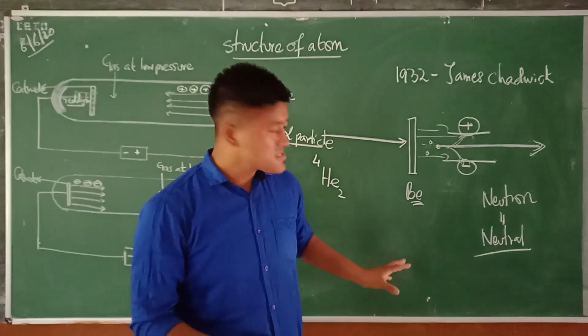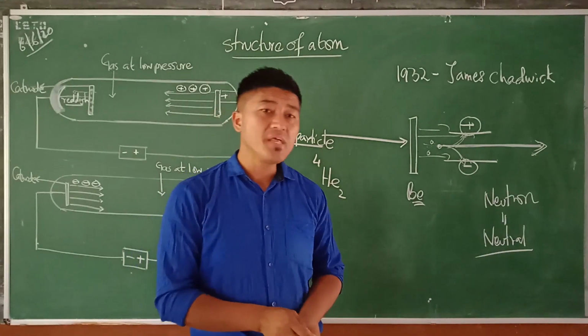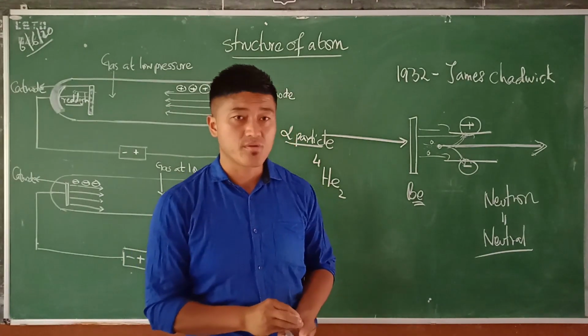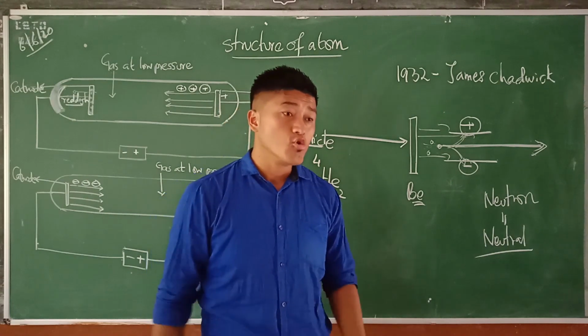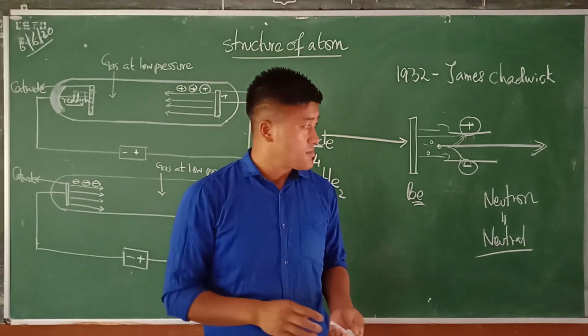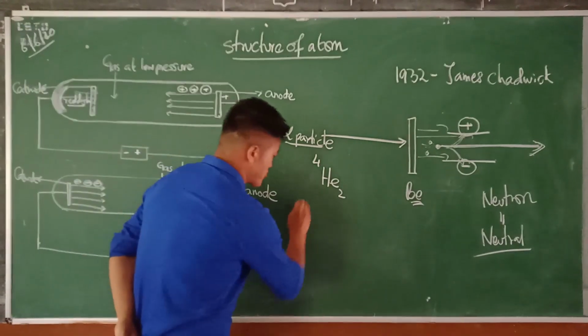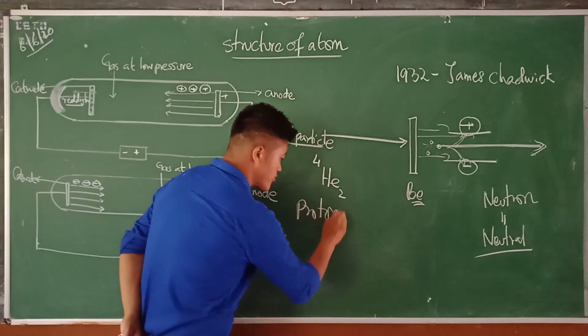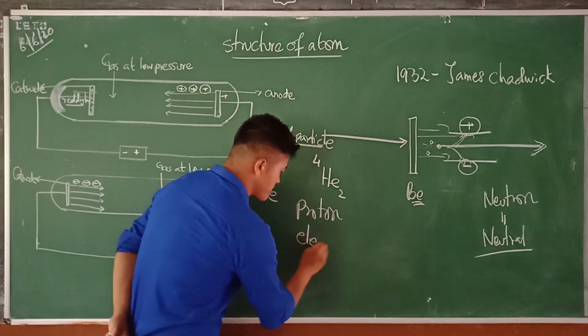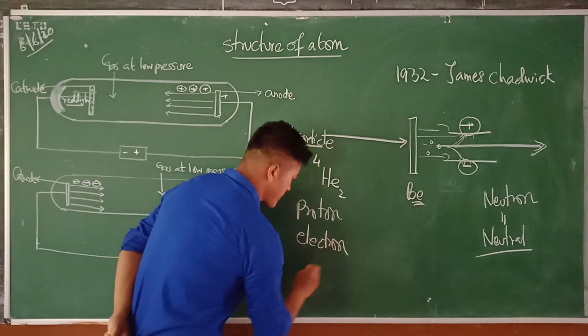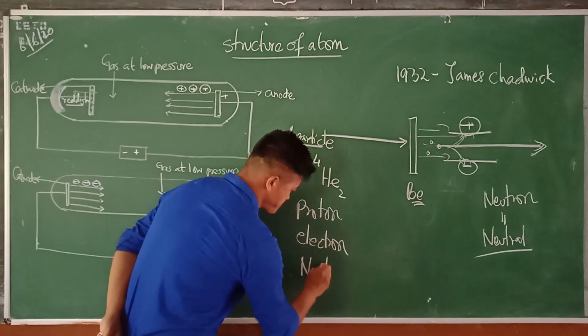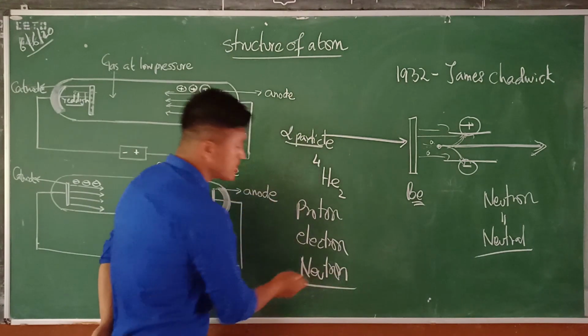On the basis of that, there were many scientists in the late 18th century and the beginning of the 19th century who were struggling hard, since we understood there are three things here: proton, electron, and neutron.